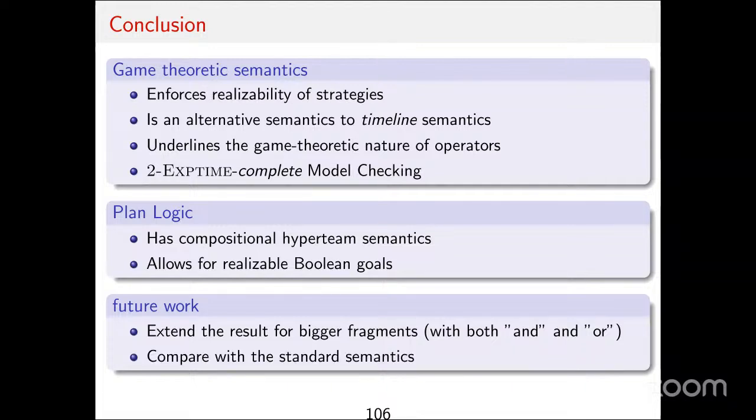And we want to compare maybe with what is missing when we have a conjunction of goals in strategy logic to have a two-exponential procedure is not really clear to me. So I want to look also a little bit at that. Thank you for listening, and I hope you have some questions.